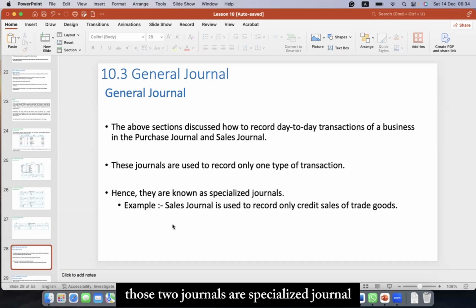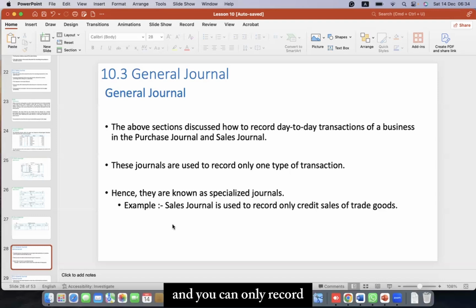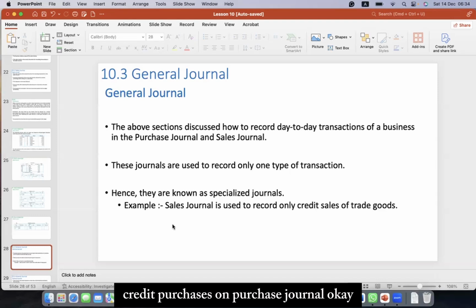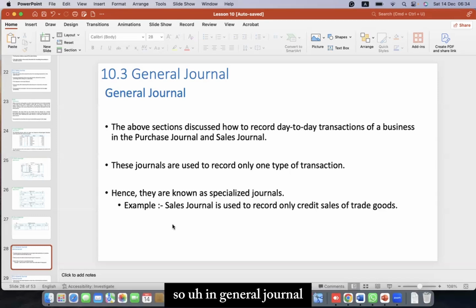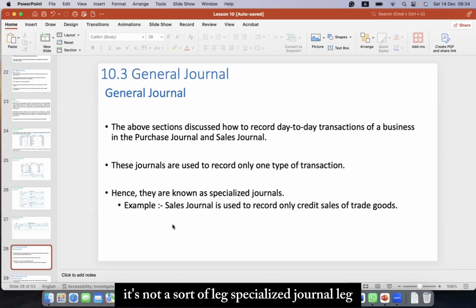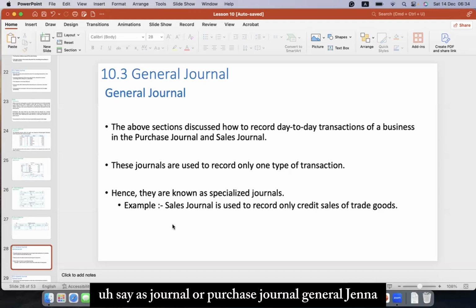Those two journals are specialized journals. You can record only credit sales transactions in the sales journal, and you can only record credit purchases in the purchase journal. The general journal is not a specialized journal like the sales journal or purchase journal.